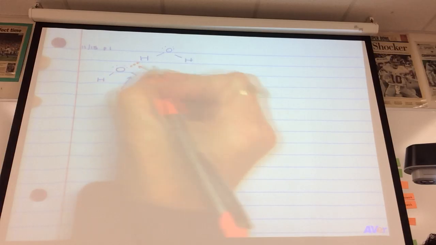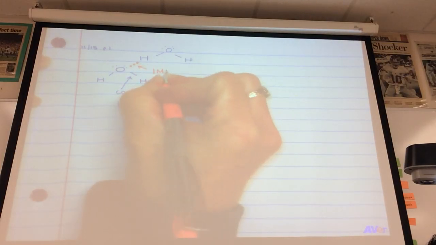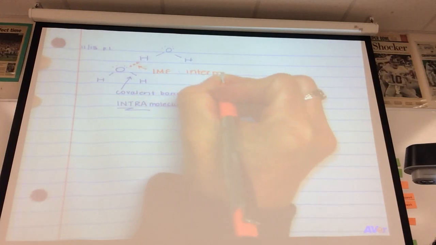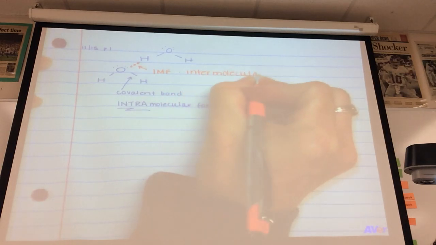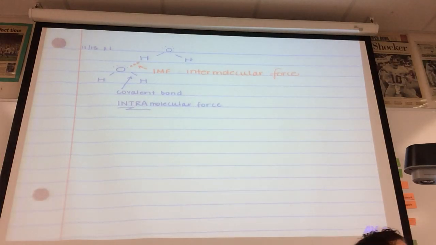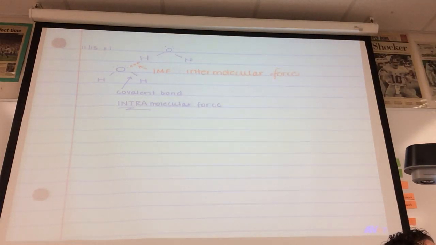And this interaction is known as an IMF, an intermolecular force. So between 2 molecules. And intermolecular forces determine physical properties of liquids and solids. It also helps explain why some substances are gases at room temperature where other substances are solids.